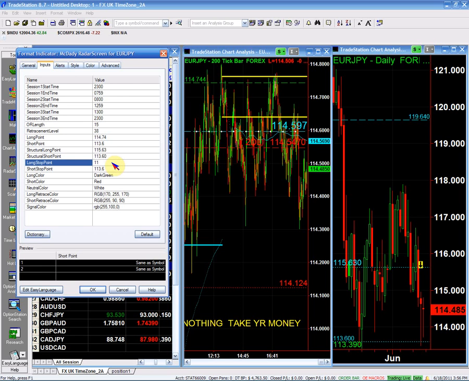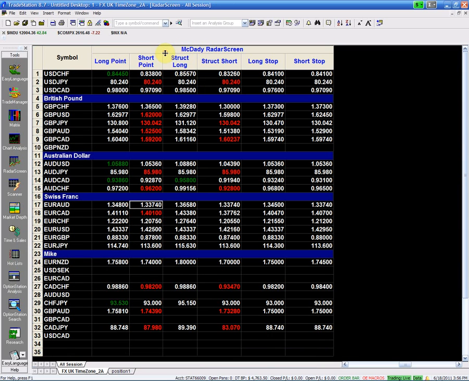So to wrap this up, we're going to buy the euro yen above 114.74, and if I do, I have a next level structure to the upside of 115.60, and if I do buy it at 74, my stop is at 114.30, i.e. I am risking about 40 pips on that trade.